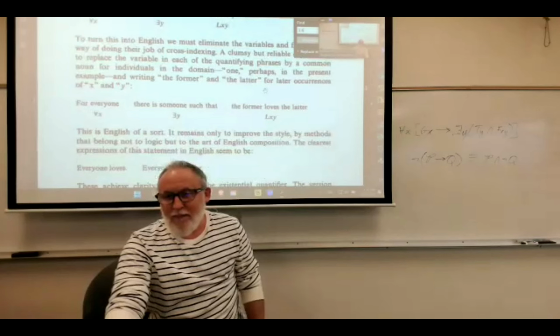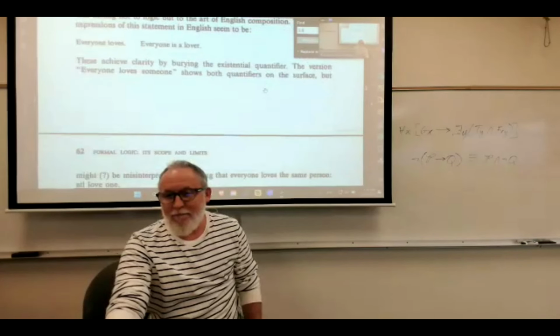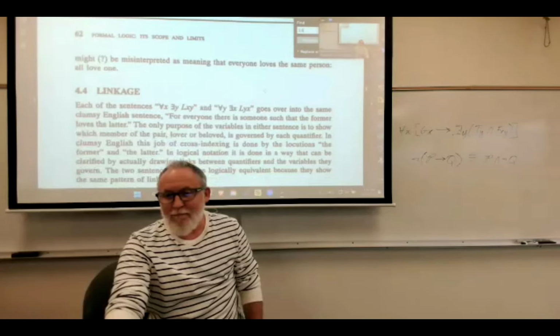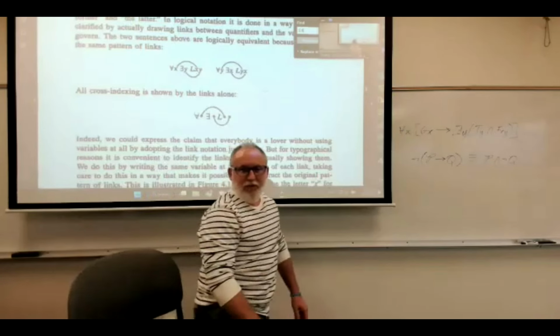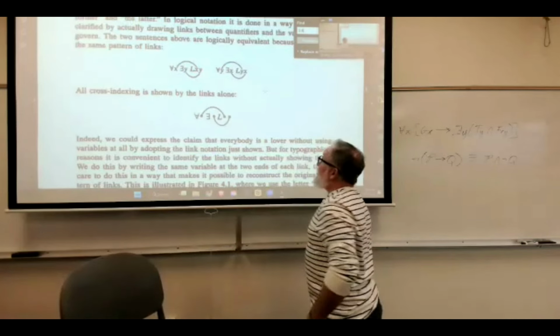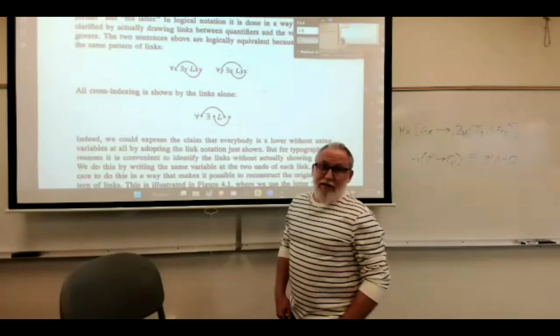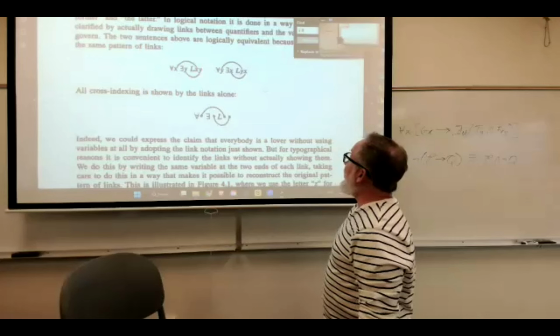I try to use that language in my presentation when I'm reading the symbols. And this is the big thing about multiple generality: you've got to keep your x's and y's straight.